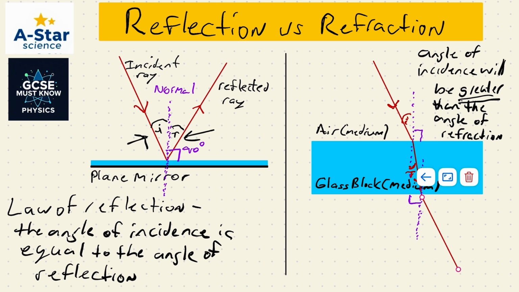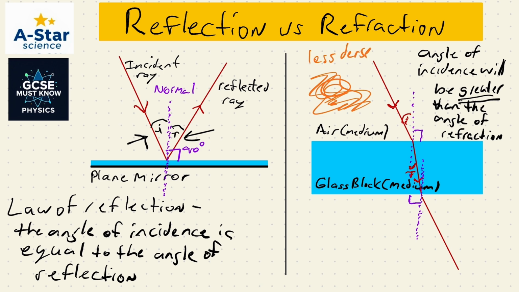Now, why does this happen? Well, the area here in the air is not as dense. It's less dense than the glass block, which is more dense. And because the light ray is coming in at an angle, it tends to slow down part of it first and ends up turning towards the normal.